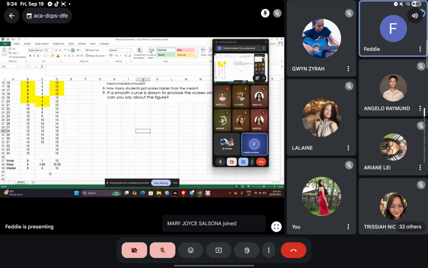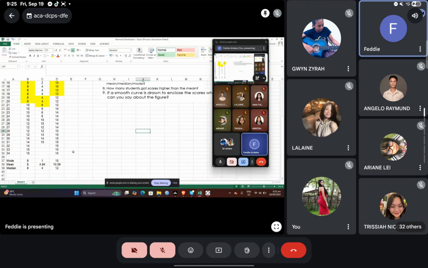So by position, the mean is a little higher than the median. And for group 3, the mean is higher than the median and the mode.